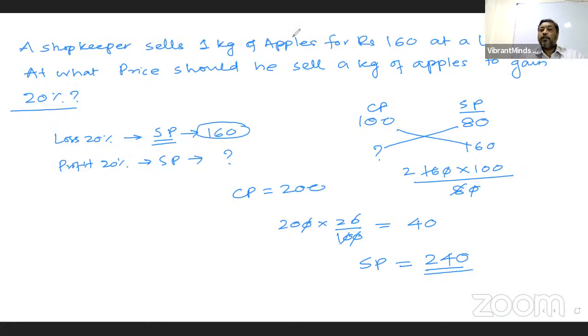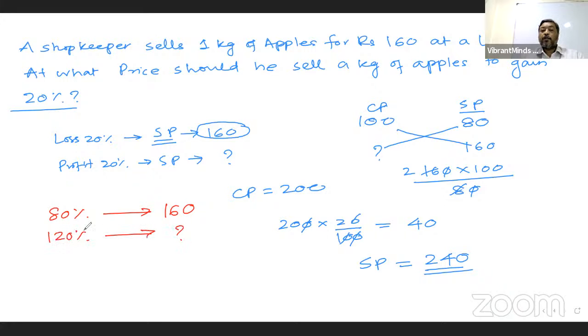The same question can be solved in a very easy way. When there is a loss, we have a negative gain. That is, when there is a loss of 20%, it means recovery of 80%. 80% is equal to 160. When we have to make a profit of 20%, that means 120%.